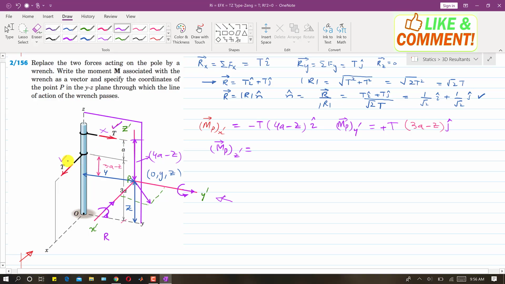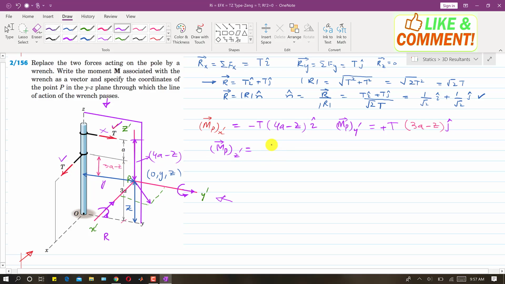So only this t will produce the moment about the z-dash axis. And what is the perpendicular distance if we observe this force from this direction, right? This force. So the perpendicular distance of this t from this point P in this direction is how much? This y, right? So we need to write it here y, right? So the perpendicular distance of this t from the z-axis is y.